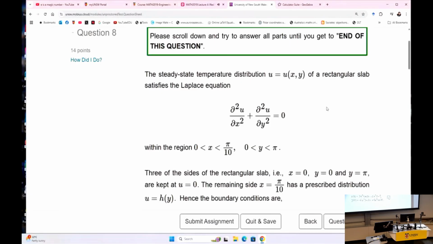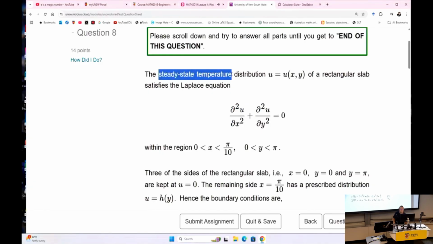And it looks suspiciously like the wave equation, but it's not quite the wave equation. The wave equation is similar in the sense that you have second-order derivatives. The heat equation has a second and a first, but the wave equation would have a negative sign there, and this one is a positive sign.